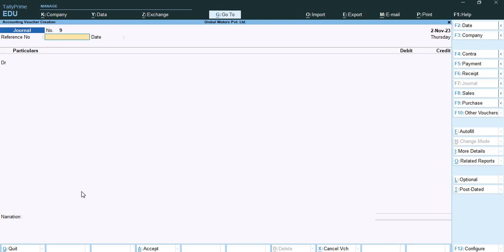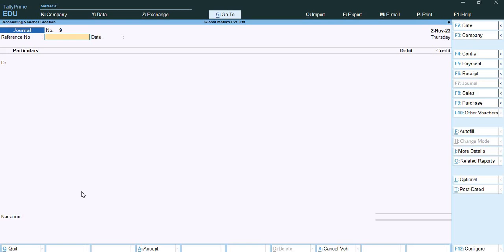In this section we will deduct the TDS while making the payment to the party in TallyPrime. The question is, on 2nd November, Global Motors Private Limited paid 2 lakh to Mr. Prithvi Kapoor, landlord, towards rent for the month of June 2023, by cheque number 000006.